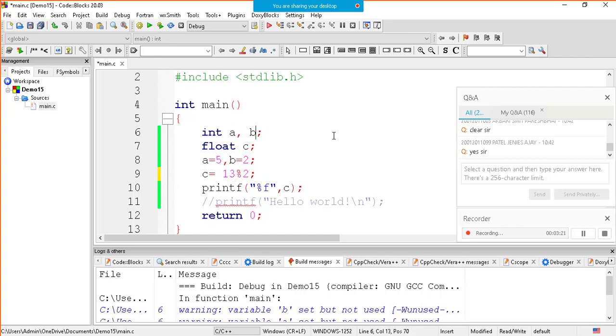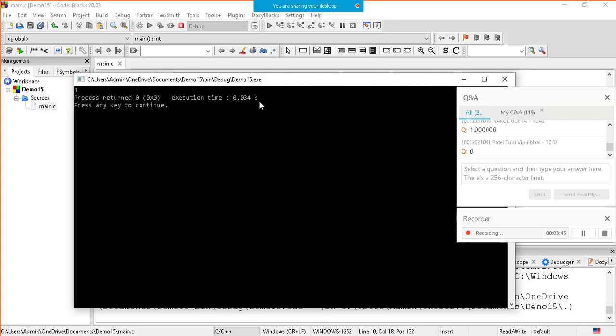Rather than C, I'm taking B, and let me print it as percentage d. You know the answer, I already explained, but just to make sure: 13 modulo 2, what is going to be the answer? 1. So let's run it and understand.